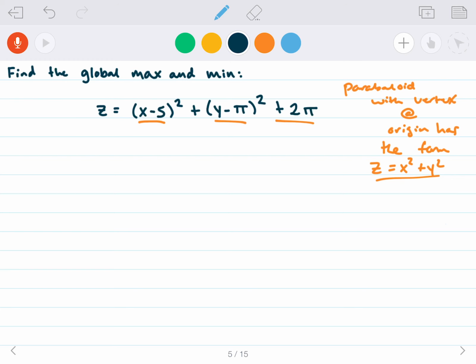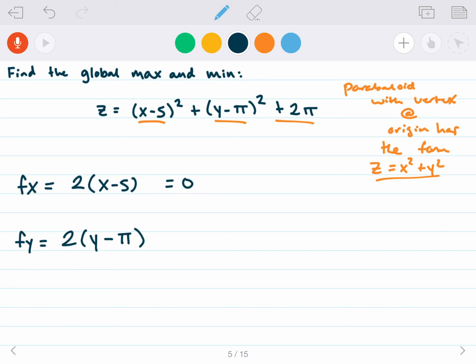Now, if we find the critical points, we have to take the partial derivative with respect to x. When I take the partial derivative, I get 2 times x minus 5, just using the chain rule, and everything else goes to 0 because that's with respect to y and then a constant. If we take the partial with respect to y, in a similar way, we get 2 times y minus pi.